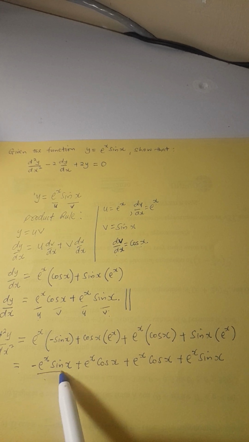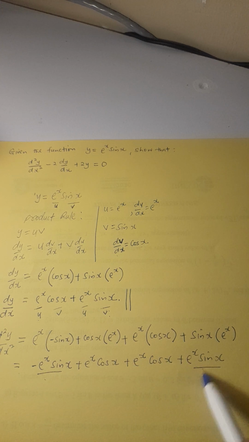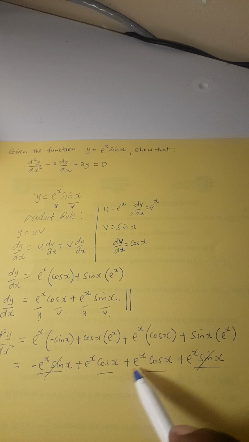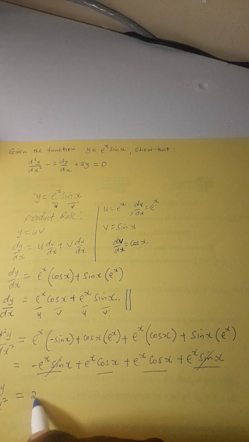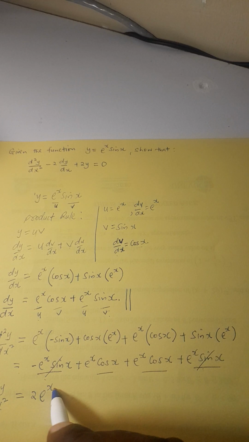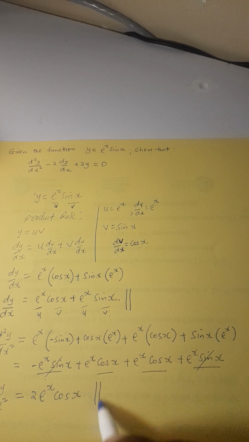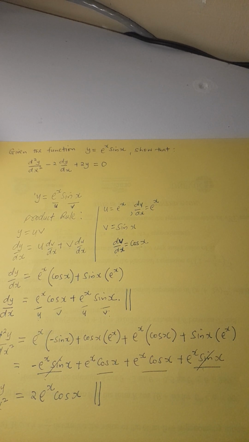We realize that this one is the same as this. This one is a negative, this one is a positive. So they cancel out. This one positive, this one positive. They are the same. So we have 2. So we can say that the second derivative of y with respect to x, d squared y over dx squared, is equals to 2 e raised to x cos x. Double line to indicate that I also need this part to solve my question.